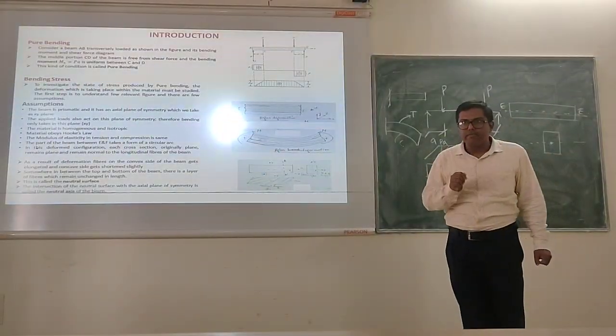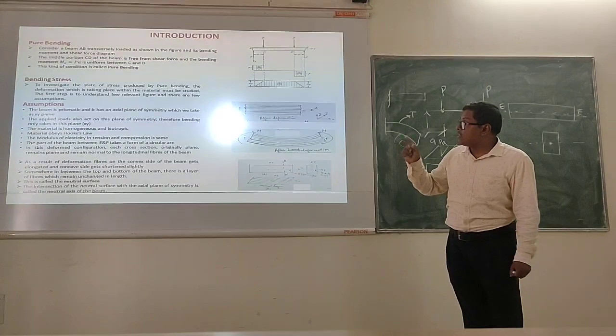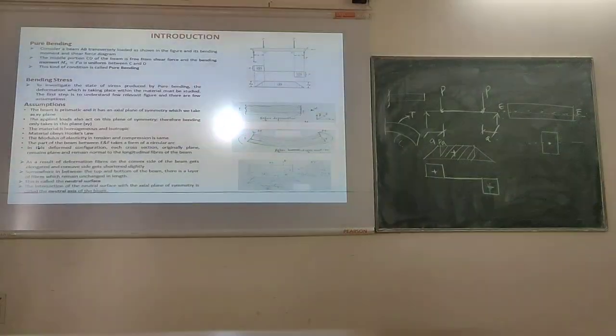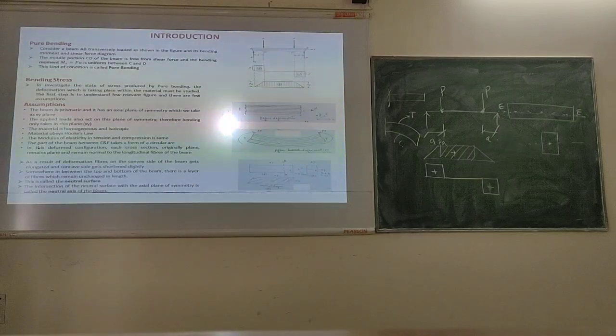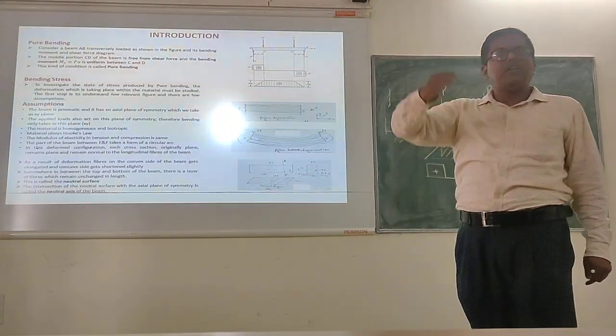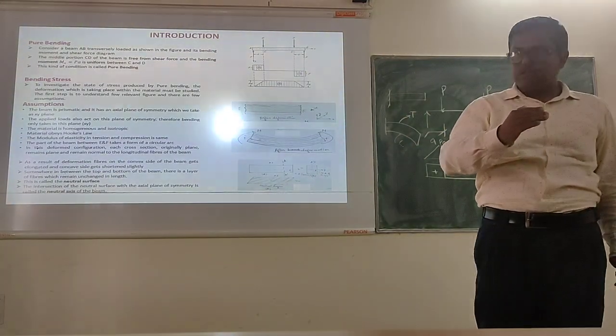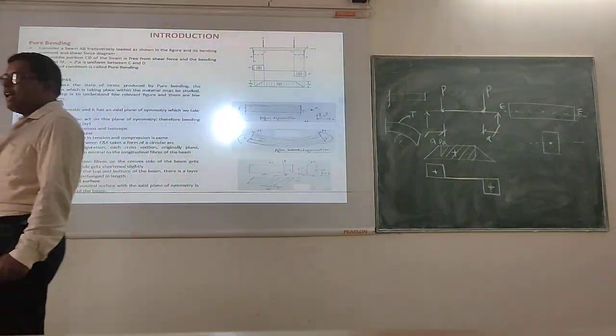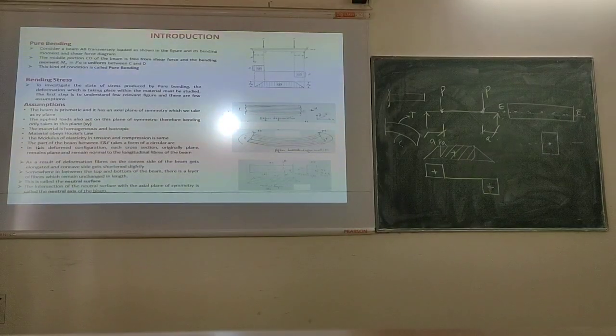The modulus of elasticity in tension and compression is the same. Elastic modulus on the tension side and on the compression side, because of the tensile loading and because of the compressive loading, it is remaining same. If it is not same, then you cannot have that kind of behavior where from top to middle there is the same stress variation, from bottom to middle the same stress variation, and at the middle it is zero.